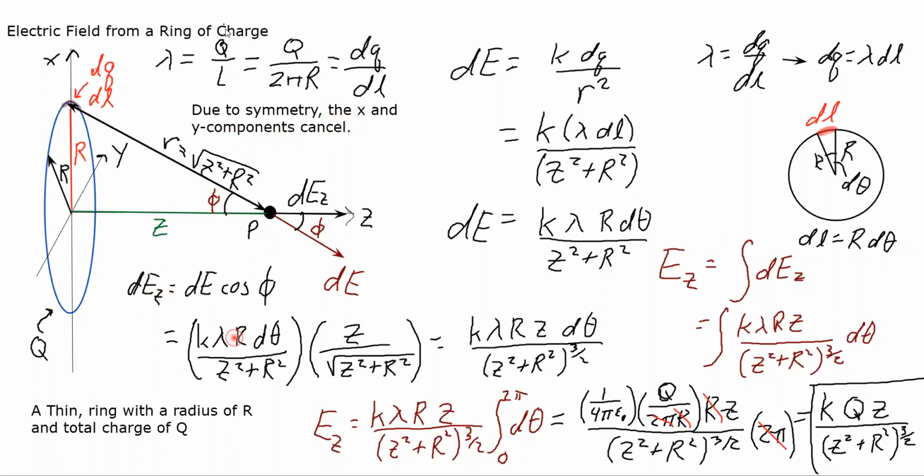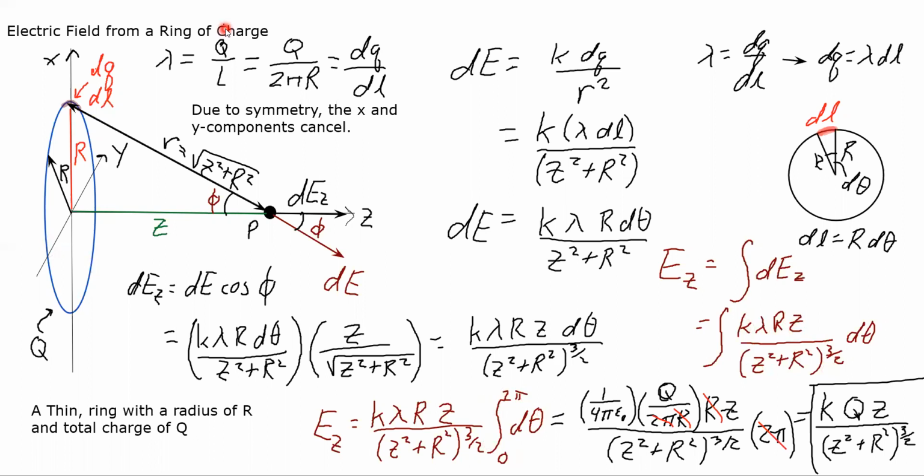And that's what led us through all this algebra here, and a little bit of calculus there with the d theta. Hopefully you saw that all these things were constants. As you go around the circle, nothing in this equation changes. K is staying the same, lambda, R, Z, all staying the same. So I could factor it out, and it's a really simple integral at the end of the day.